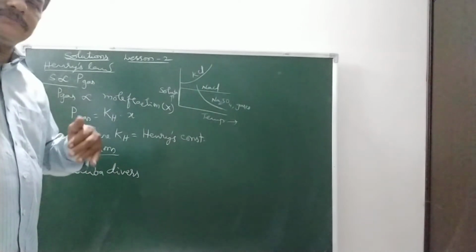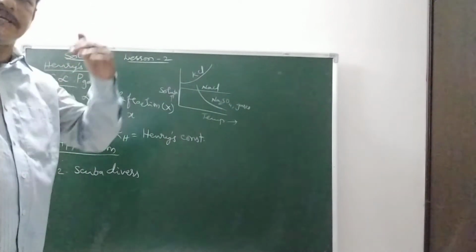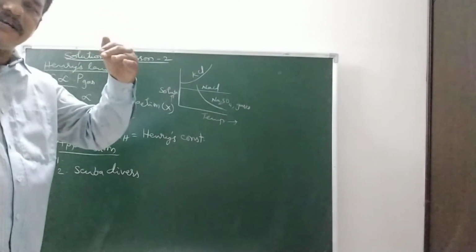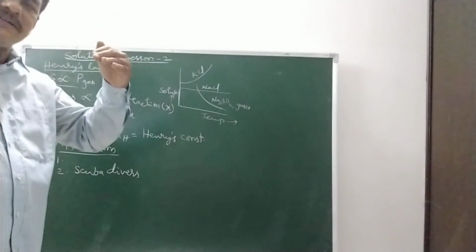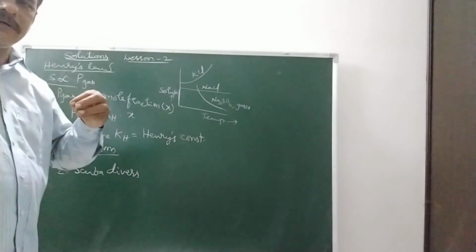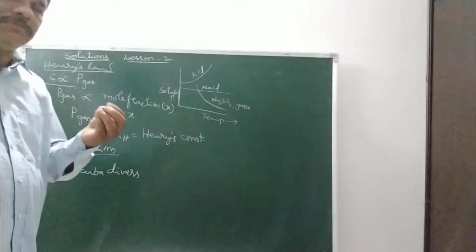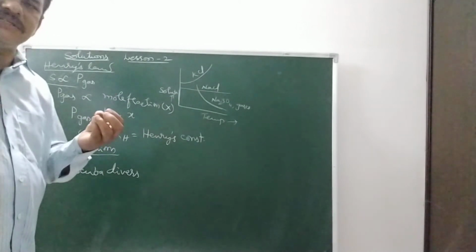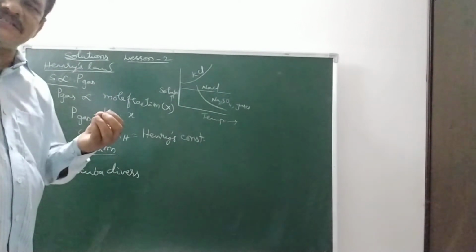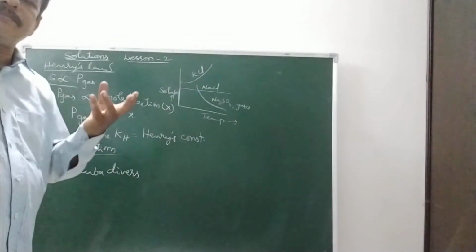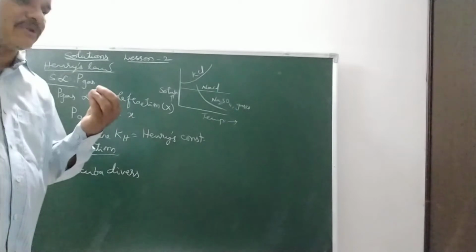When he comes to the surface of the sea, then what happens? Again pressure decreases. When pressure decreases, the dissolved nitrogen converts into gas and evolves in the form of bubbles. These bubbles block the capillaries and restrict the flow of blood.